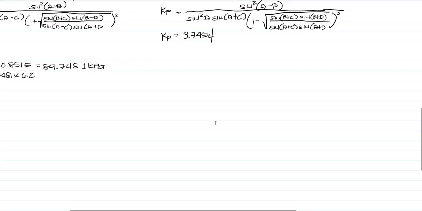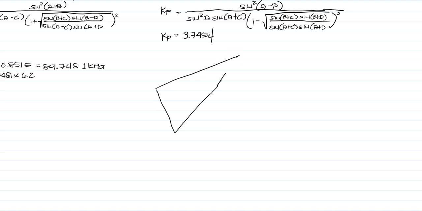So meron tayong triangle which is ito. So ganyan siya. Then ito yung wall. Tapos ito yung sloping backfill. So nakaganyan yan. So alam natin that this one, ito yung 52.